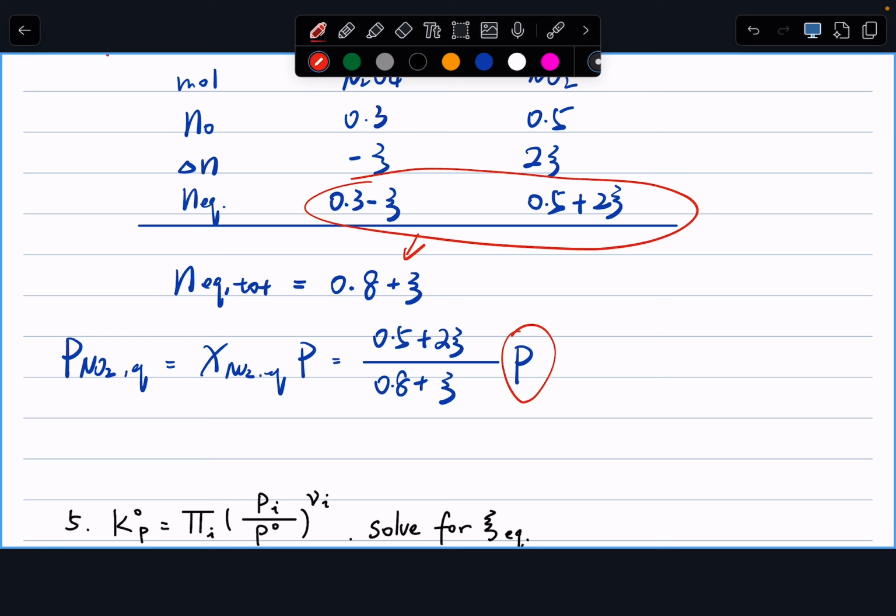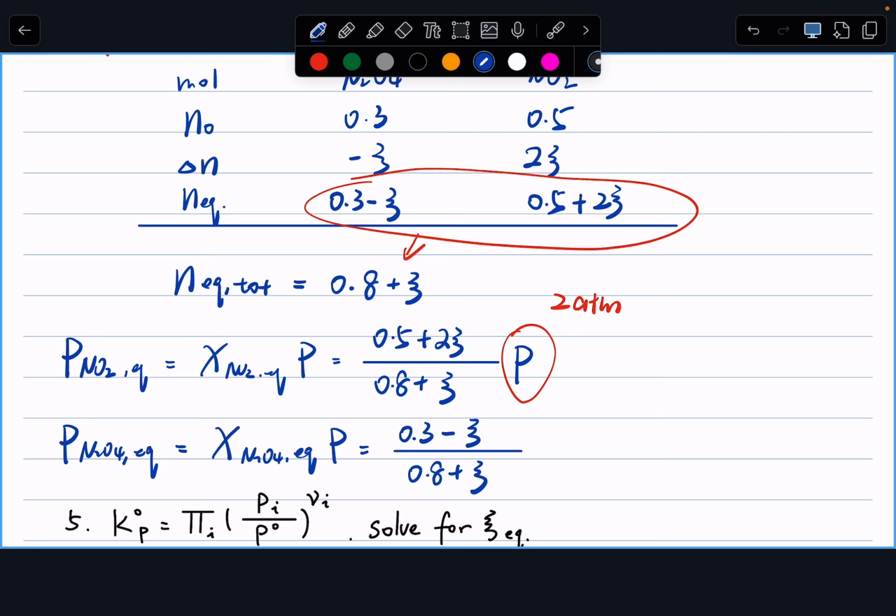And note, what is my pressure? My pressure is 2 atm here. Likewise, we can do the same for N2O4 at equilibrium, equal to the mole fraction of N2O4 at equilibrium times the total pressure. That becomes 0.3 minus C over 0.8 plus C times the total pressure.